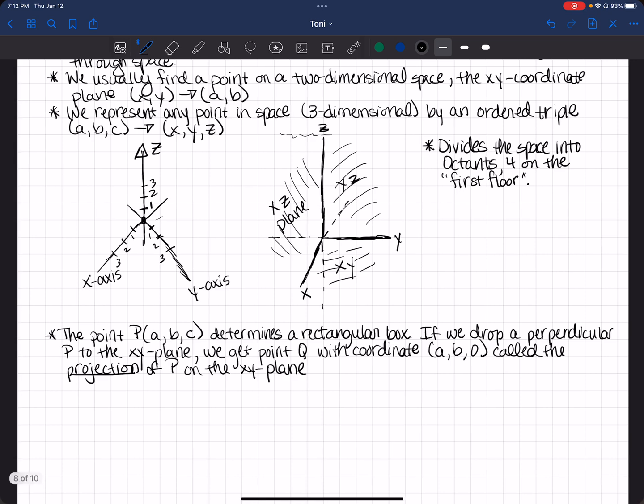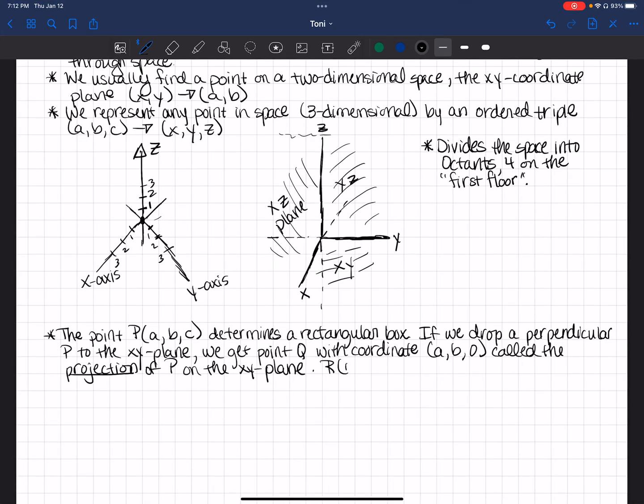Okay, R being 0, B, C, where do you think that's going to happen? And S, A, 0, C are the projections of P on the XY plane.